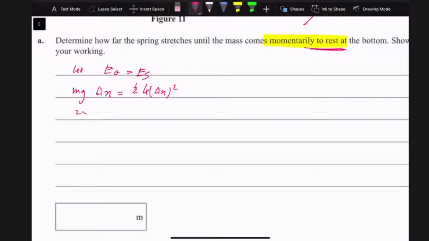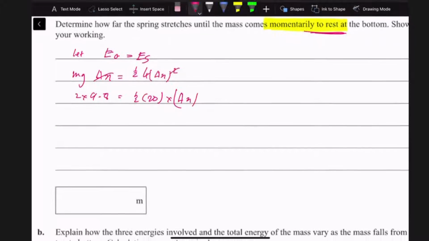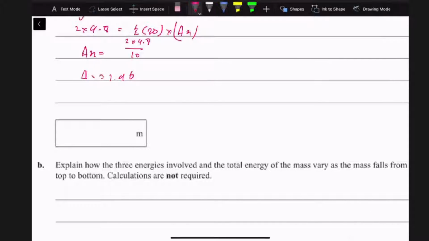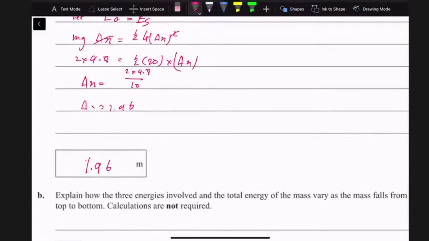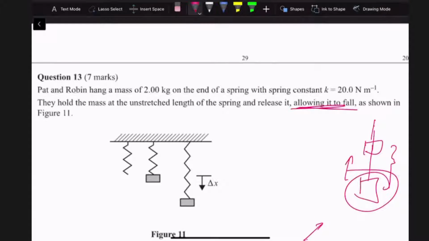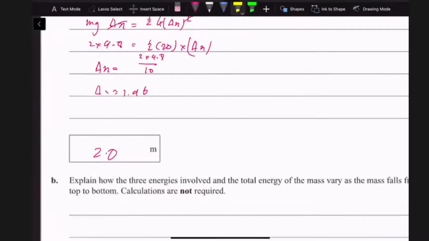And then 2 times 9.8 is half times 20 times delta x. In this case, I canceled the delta x's from each side. So delta x is 2 times 9.8 divided by 10, which comes out to 1.96. In this question, technically, I think you'd have to write 2.0, but I think they let you get away with 1.96. I was thinking 2.0 just because of the g, which we used was 9.8.